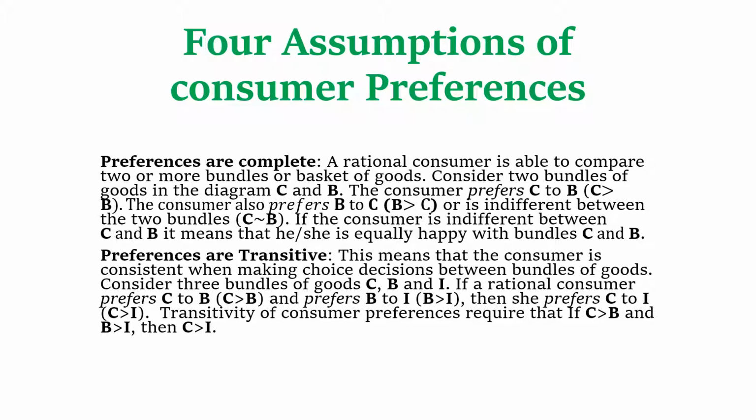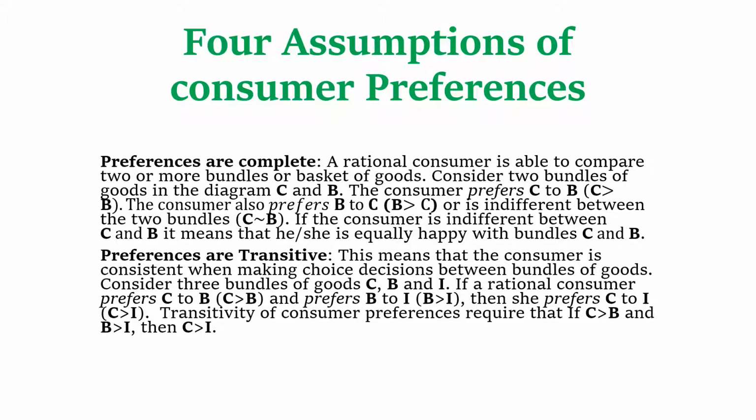Now consider three bundles of goods, C, B, and I. Here I'm referring to the diagram on the previous slide. So let's consider bundles of goods C, B, and I. If a rational consumer prefers C to B and then prefers B to I, it implies that she prefers C to I. So this is the transitivity of consumer preferences.